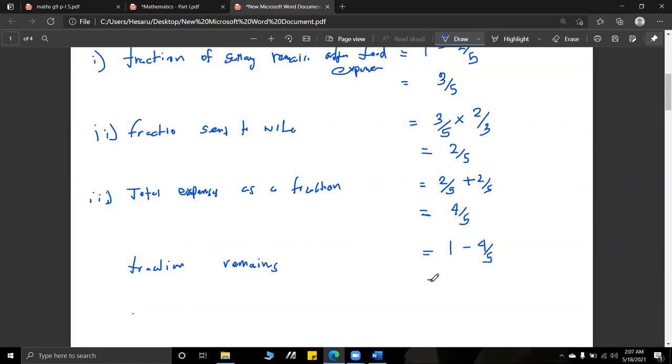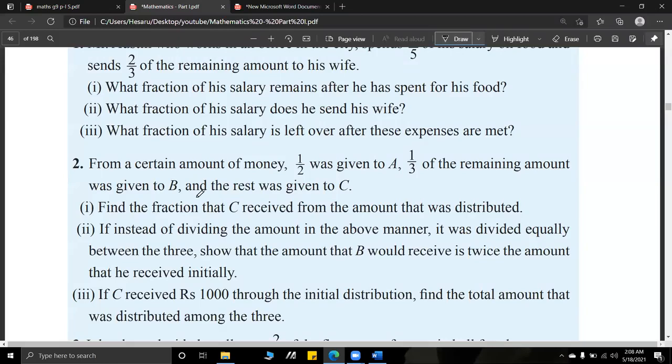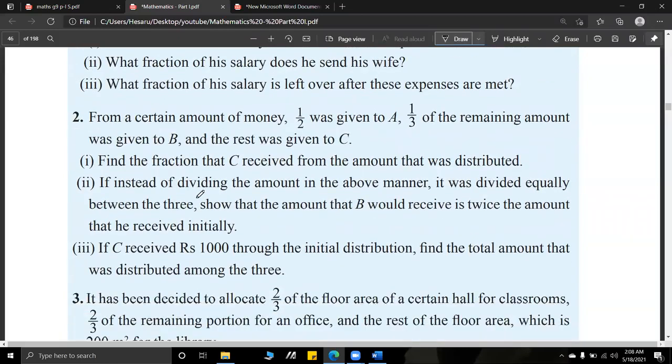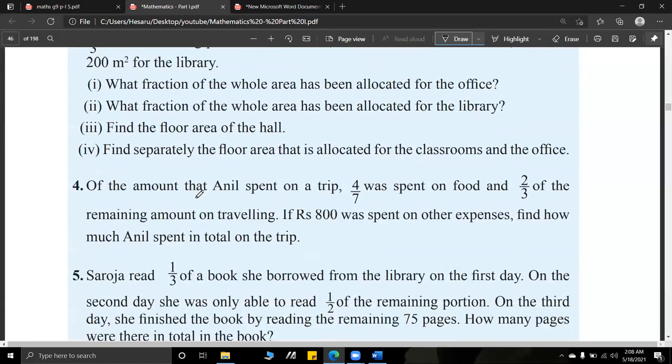So the value is 1 over 5. So after doing his food expenses and sending money to his wife, after doing both of those, another 1 over 5 from the total salary will be remaining. Okay. So you can go through, right?